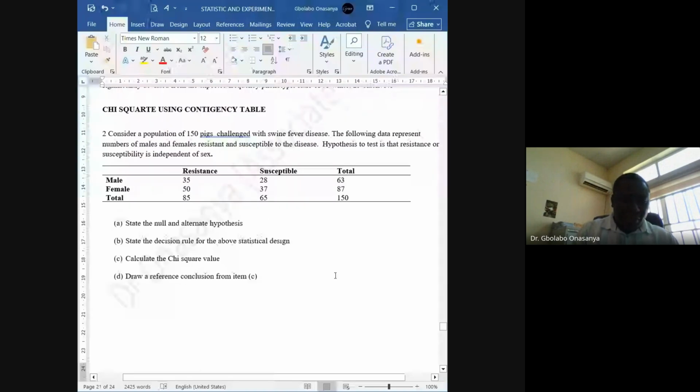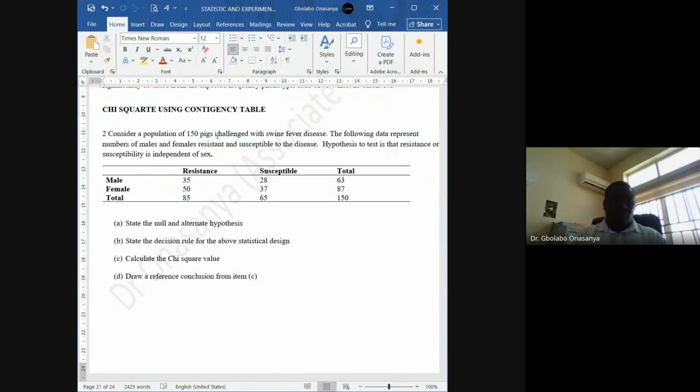In this scenario, for instance, we have male and female. A population of human beings consists of male and female, and there is a COVID-19 outbreak. How do male and female respond to the COVID-19 outbreak?